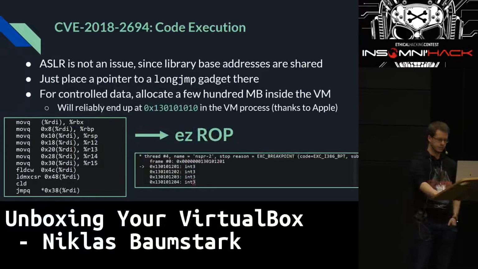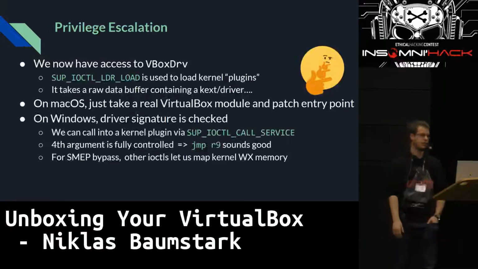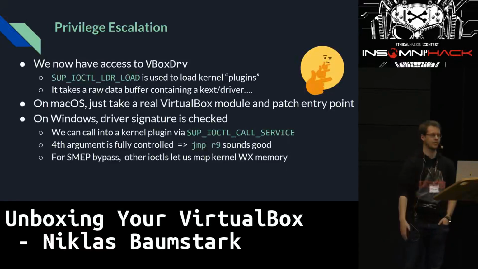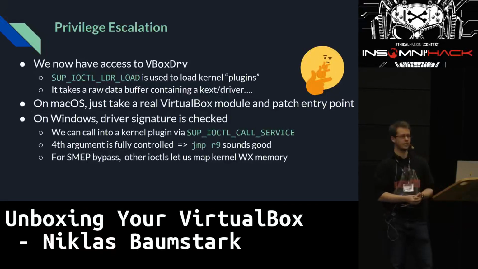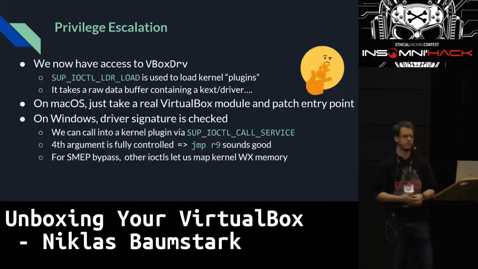Okay, so now we have this handle to the VBox driver, and I haven't really told you yet what to do next. And definitely the easiest way that I found is just to use the API that does that. There's an IO control called loader load, and it's used to add plugin code to the running kernel driver.